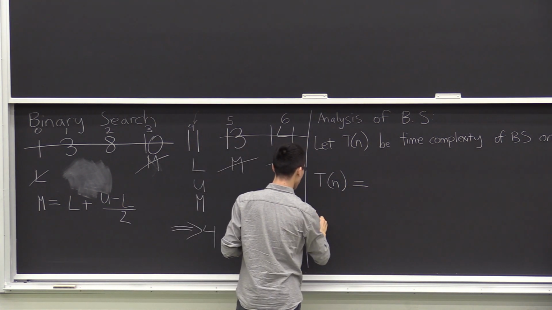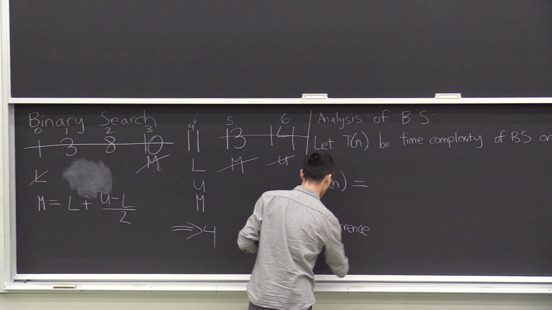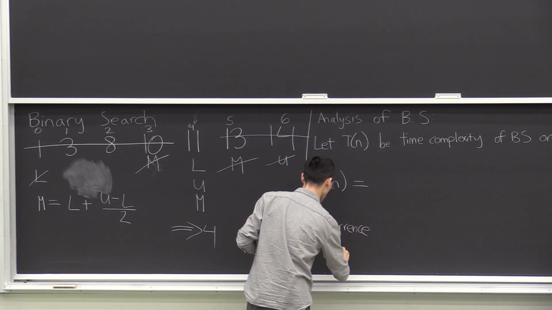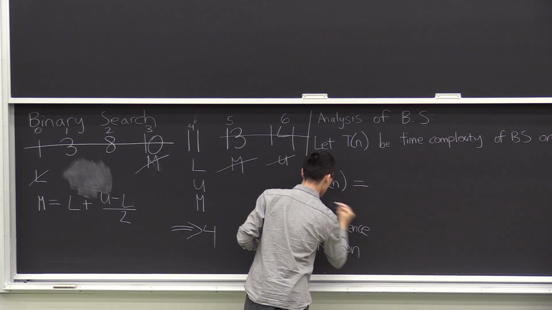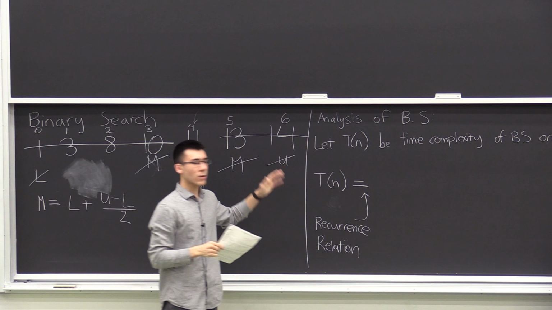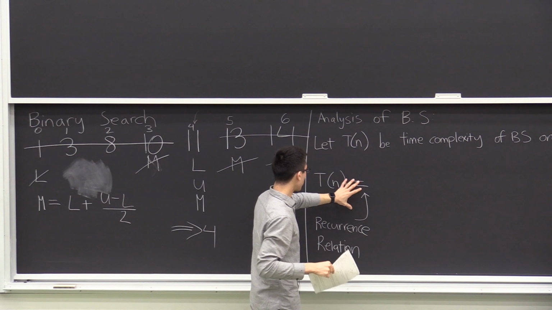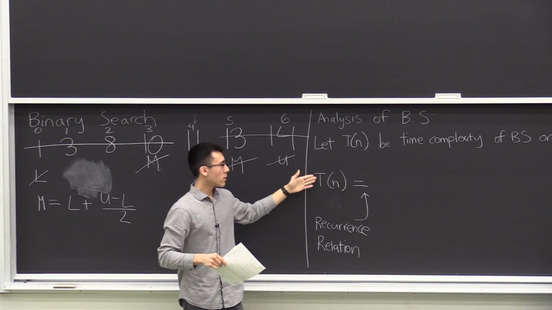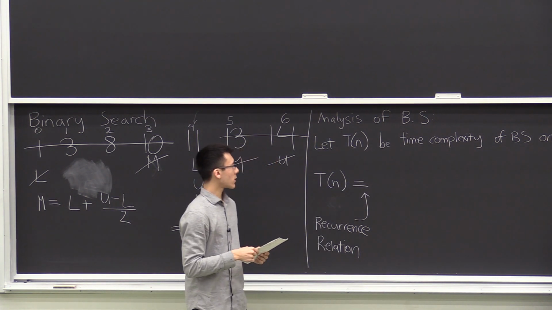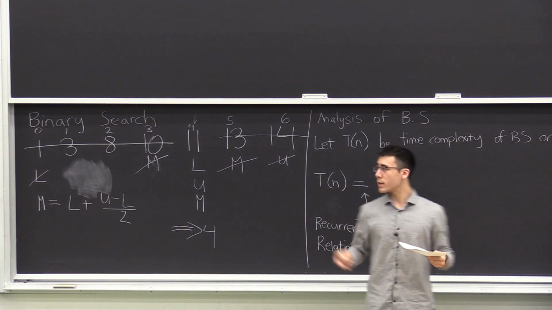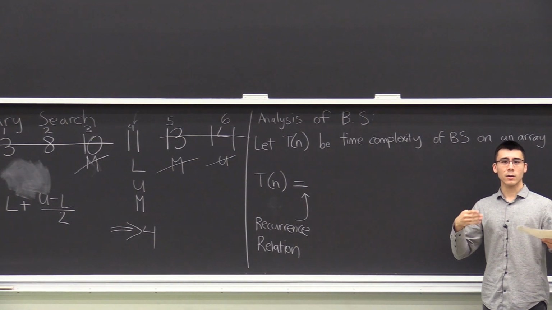This is basically a function that relates a running time to running times on smaller problems. Because whenever we did the binary search, when we iterated through, we were solving the same problem over and over again.